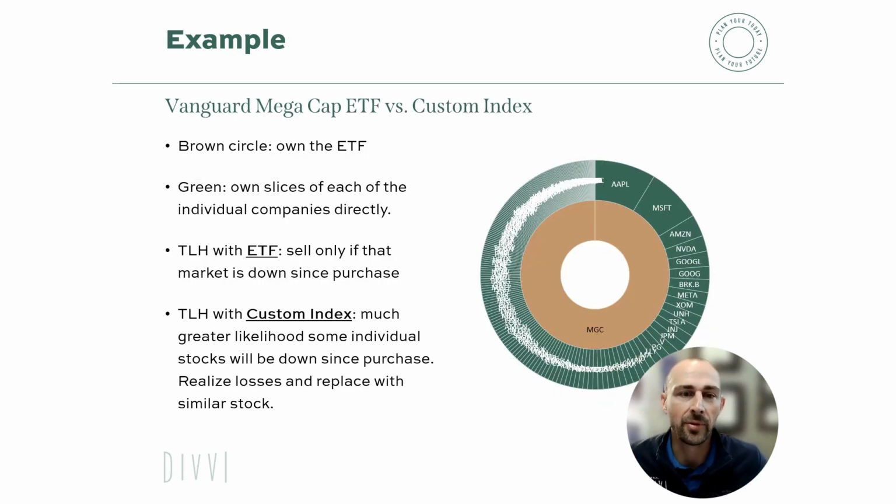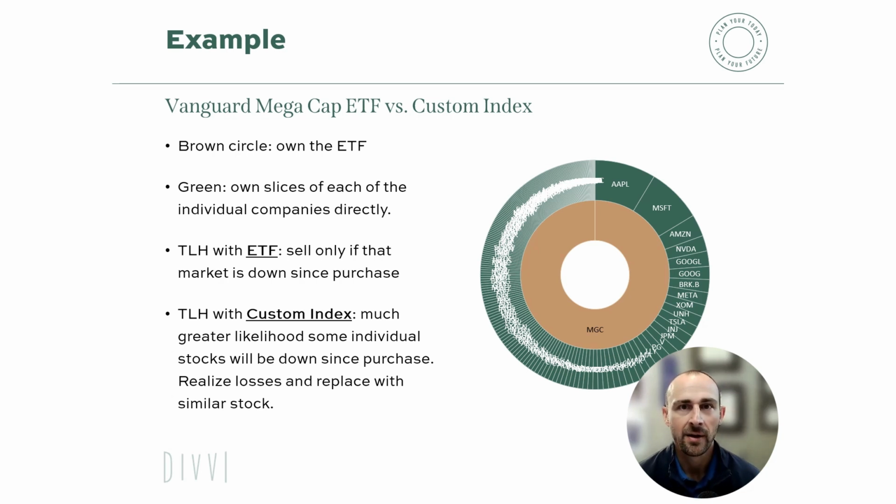Let's take a look at an example. Now, the circle chart, donut chart on the right-hand side of the page here is going to compare the Vanguard Mega Cap ETF. That's the brown circle, and you see the ticker in there. So you own that one ticker, versus a custom index, and that's the outside ring of the donut. Those are the green slices. And you can see that you own each of these individual slices directly.